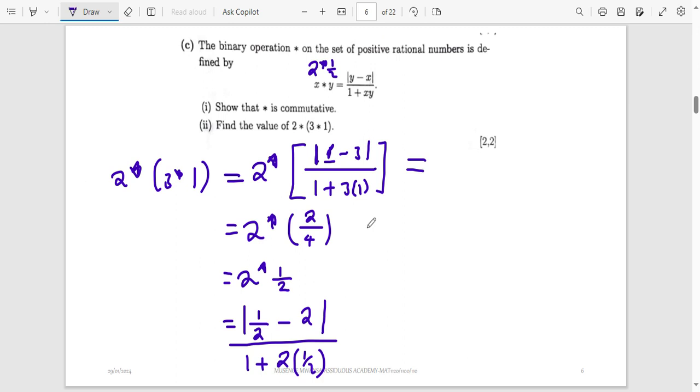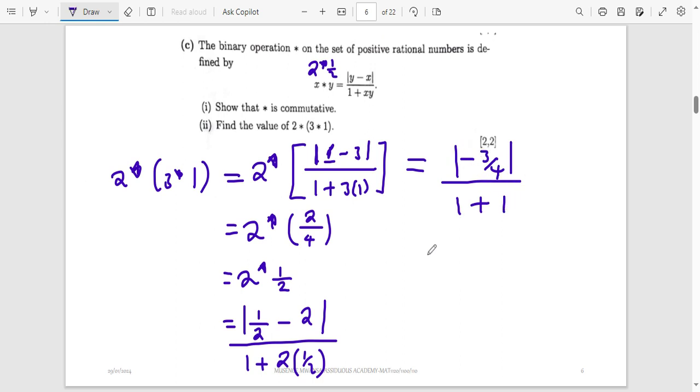And this will give us half minus 2, that is going to be negative 3 over 4. Remember, it's in absolute bars. In the denominator, we are going to have 1 plus 2 times half, which is a 1.